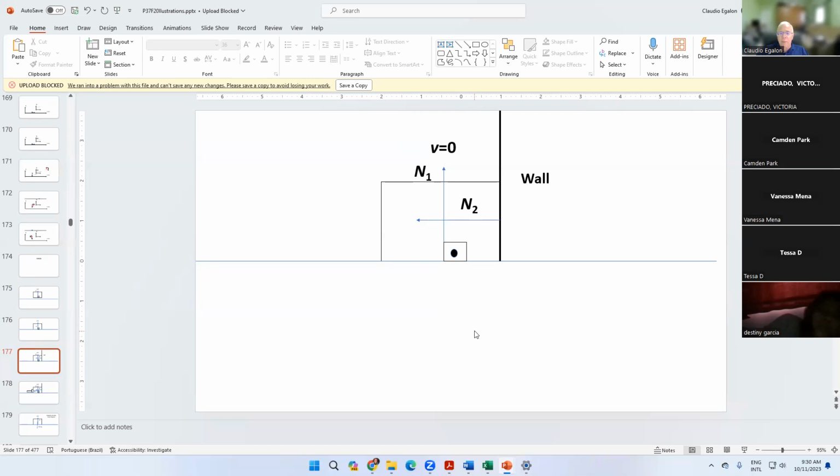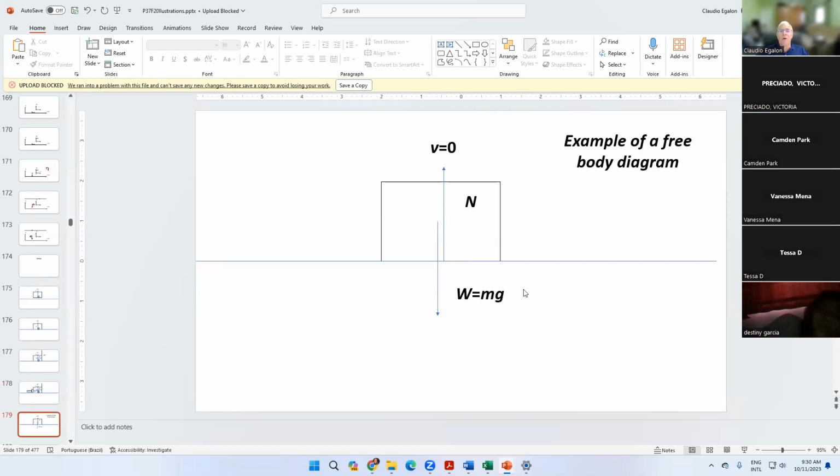Okay, a more complete free body diagram is one that shows another force applied to the object to the right. This force N2 exists because I'm applying my hand at this object to the right. And this force N1 exists because there is another force pointing downward, which, by the way, is the weight.